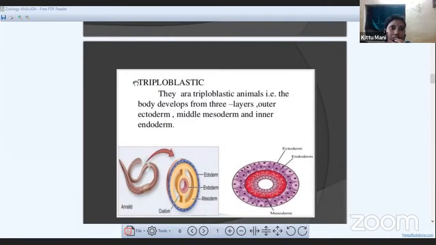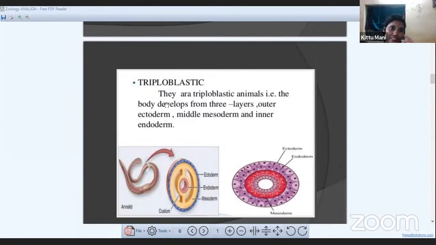In diploblastic organisms, we observe that only 2 germinal layers are present in the body, meaning body organs are developed from only 2 germinal layers. What are those layers? Ectoderm and endoderm, the outer ectoderm and inner endoderm.